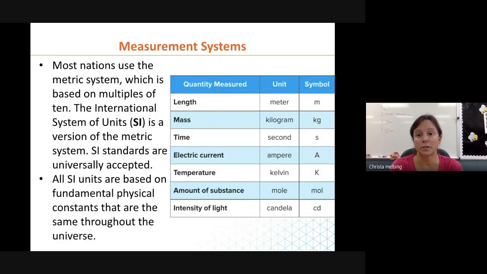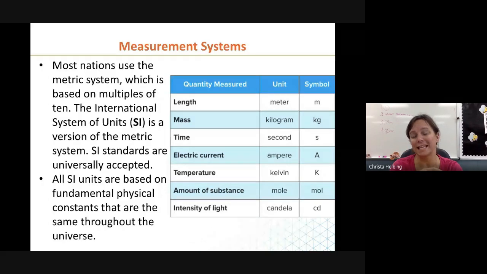Now, the metric system is what we use in the science classroom, and pretty much everywhere else in the world uses the metric system except for the United States and a few other countries. The metric system, or the SI system, the International System of Units, is based on a physics concept that's universal.